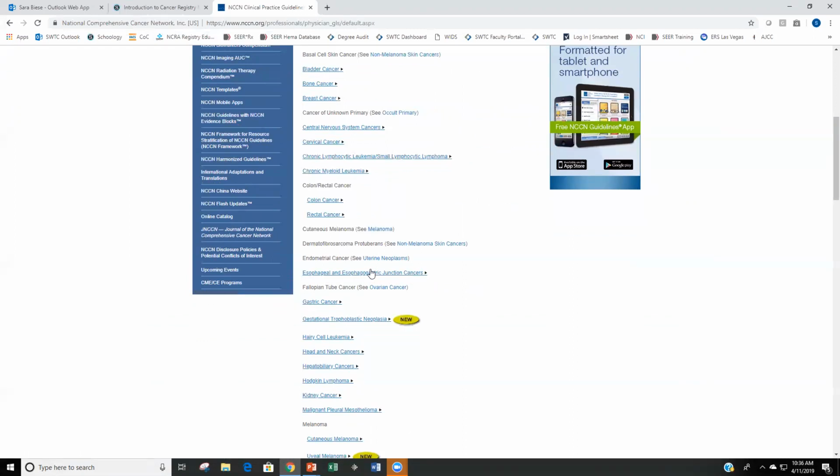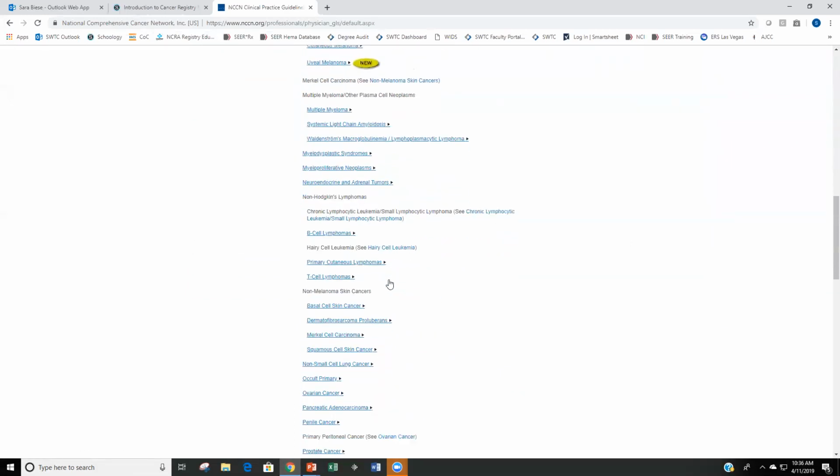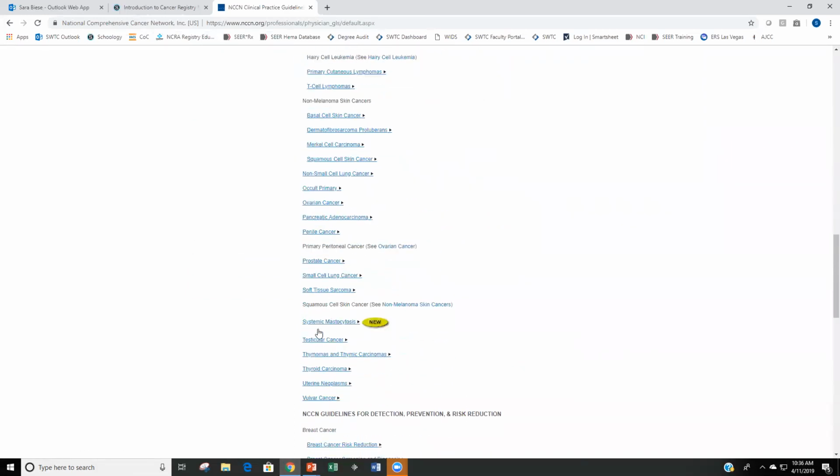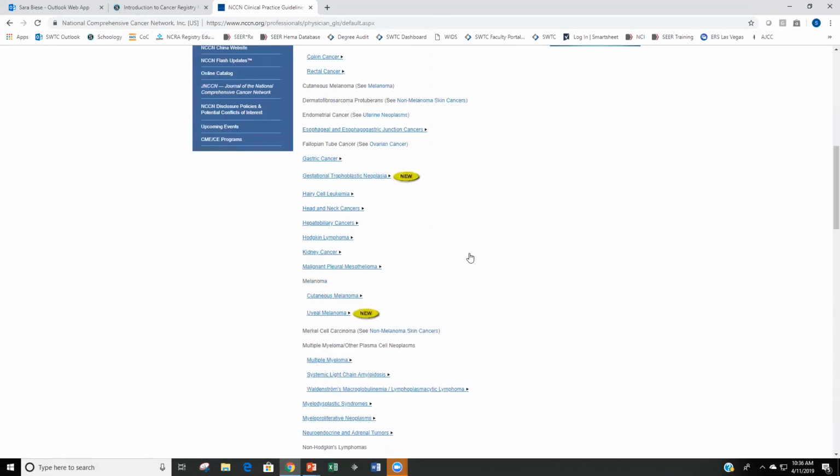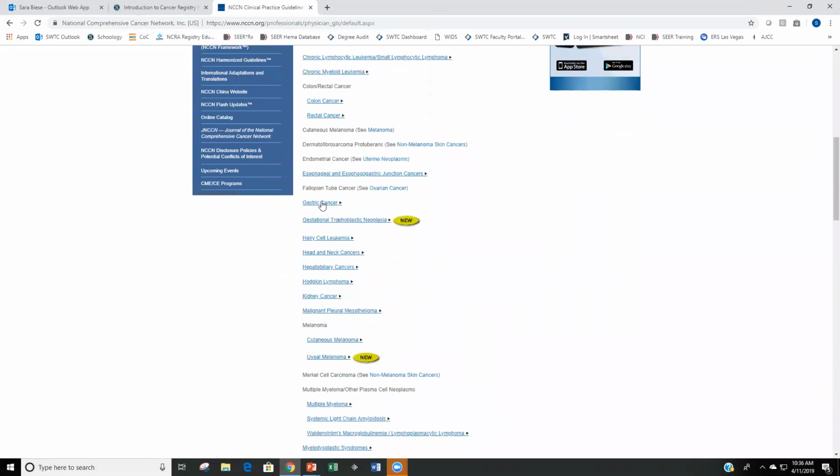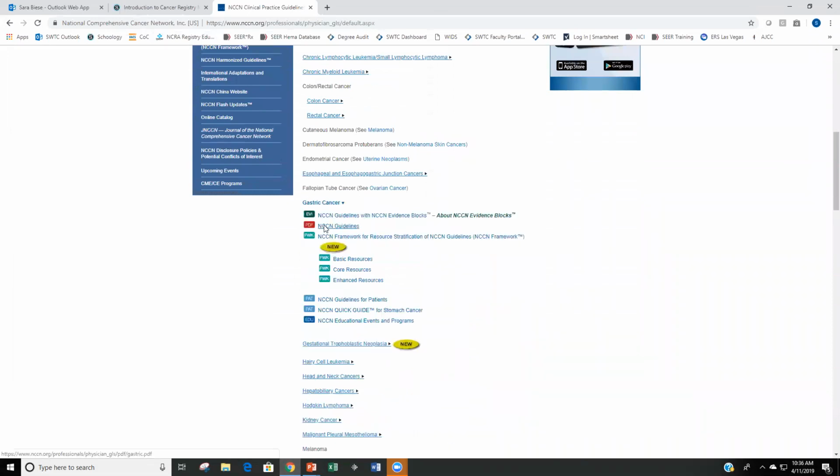So they are together. Now, if you go down and you want to find stomach, you'll notice that stomach isn't down here. So what's another term for stomach? Gastric. So the stomach is listed under gastric.